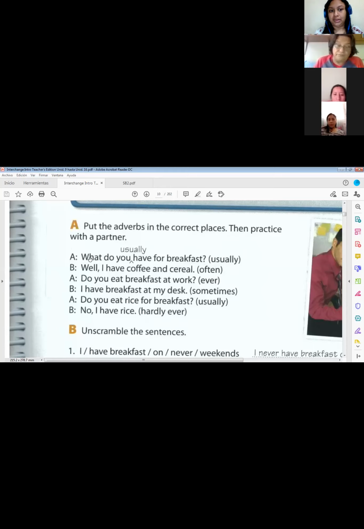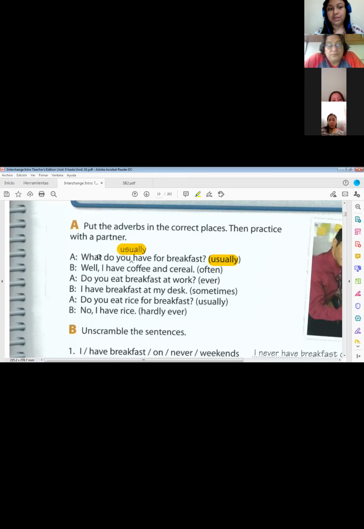Okay, so here is the first example. In the first example, you see the frequency adverb we have to use is usually. And we have this question. What do you, and usually goes over here, you see? This is the place where we have to put usually.